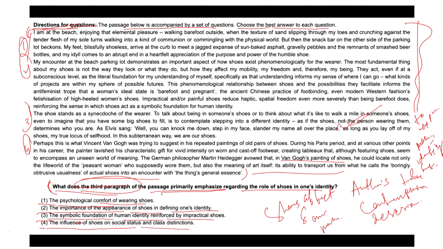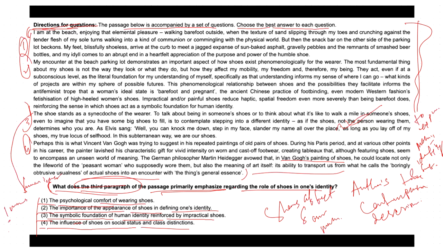Now, if I look into each of the options, on the basis of the third paragraph, I can say that it tries to give the idea of the symbolic foundation of human identity reinforced by impractical shoes.